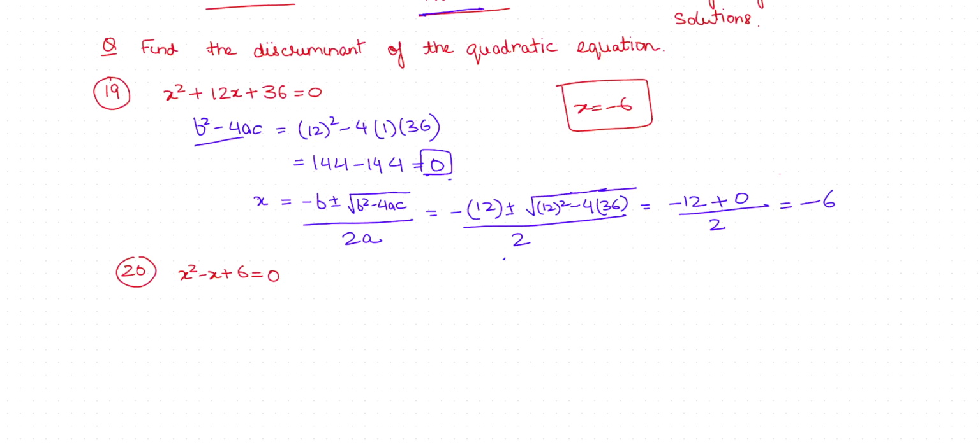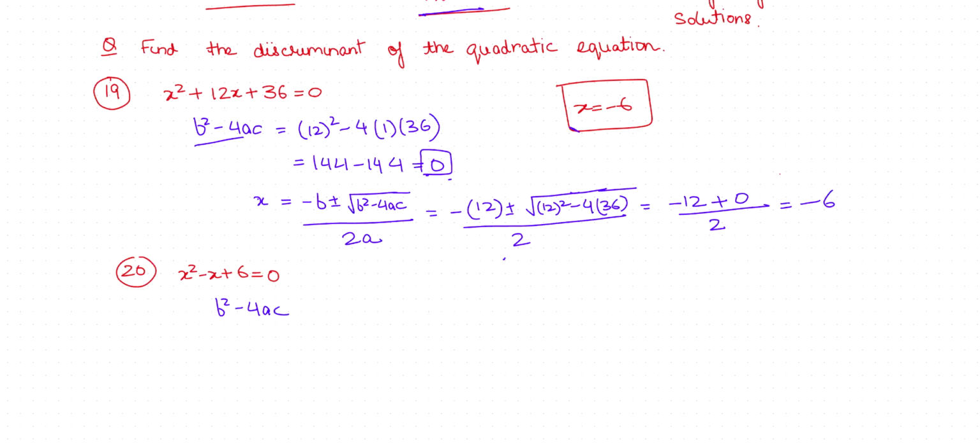Now this is the question given to us, and we have to find the determinant and see how many solutions it has. So b square minus 4ac, same way as we did in the earlier question. So we got x is equal to 1.